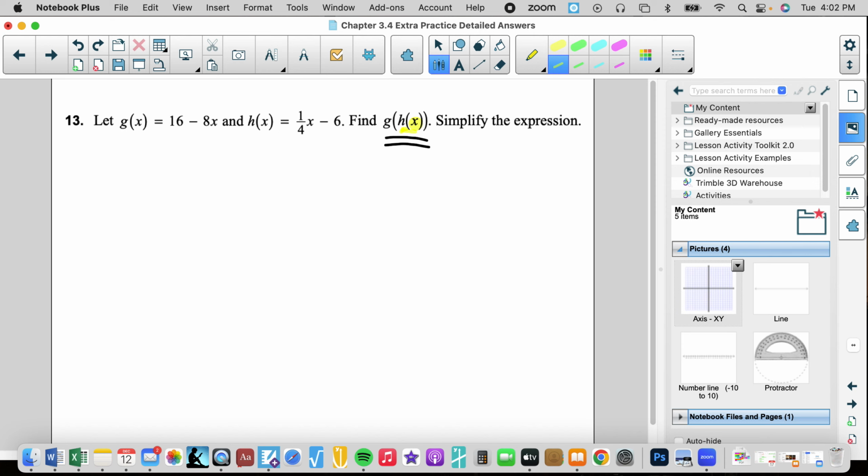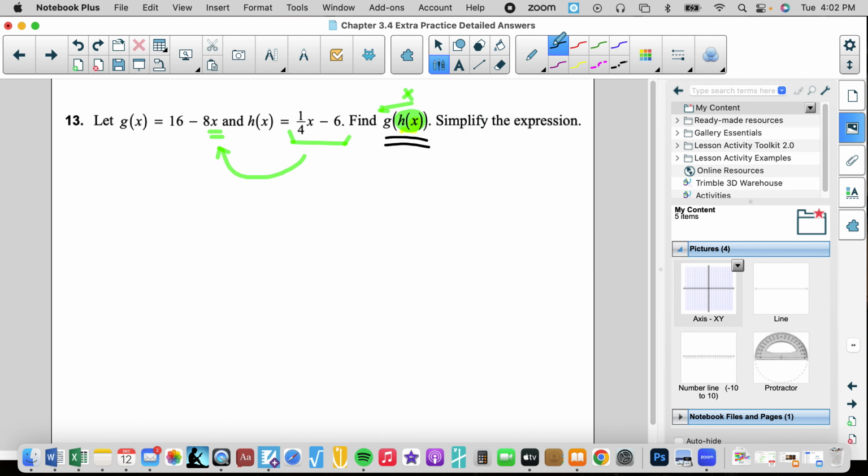And then h of x is going to be the input for my g, it will be my x. So h of x is equal to this, and I'm going to enter that into that equation.